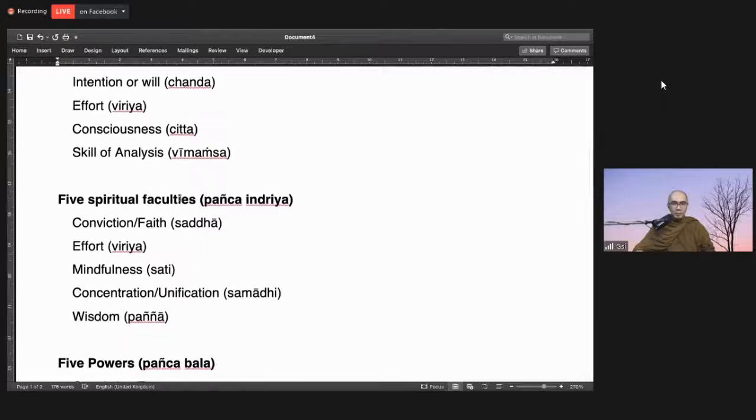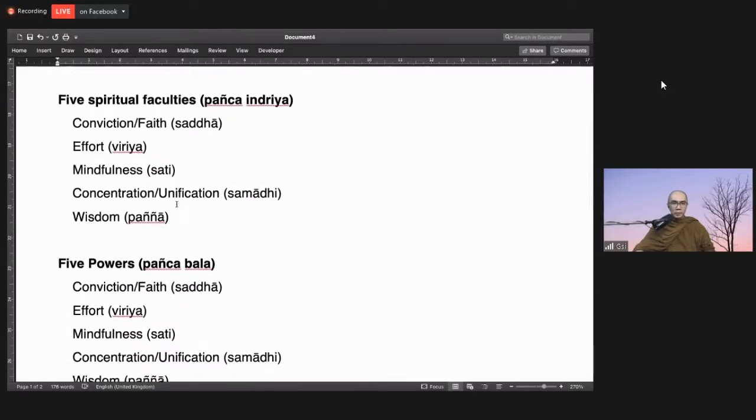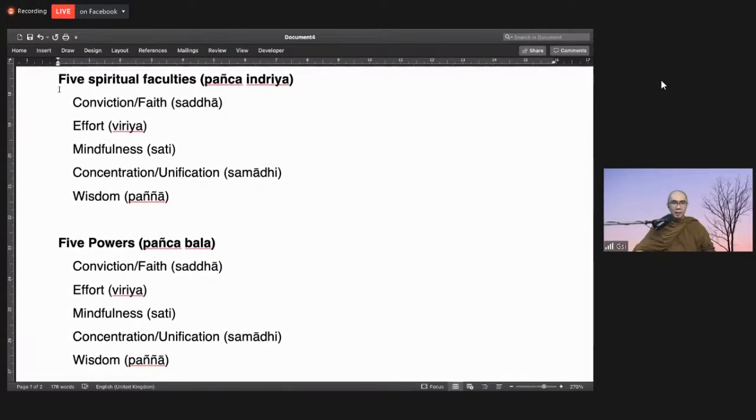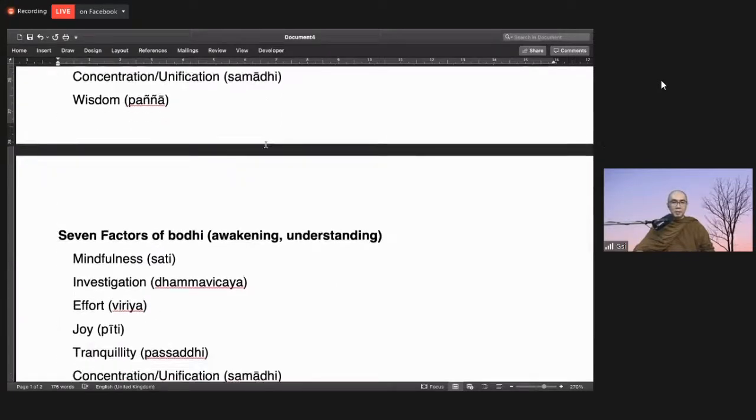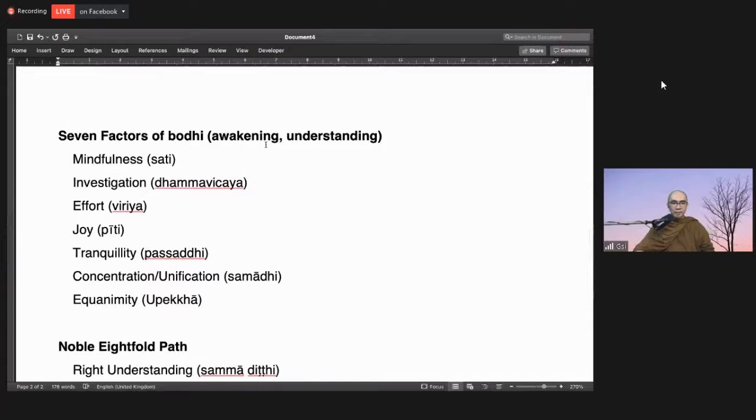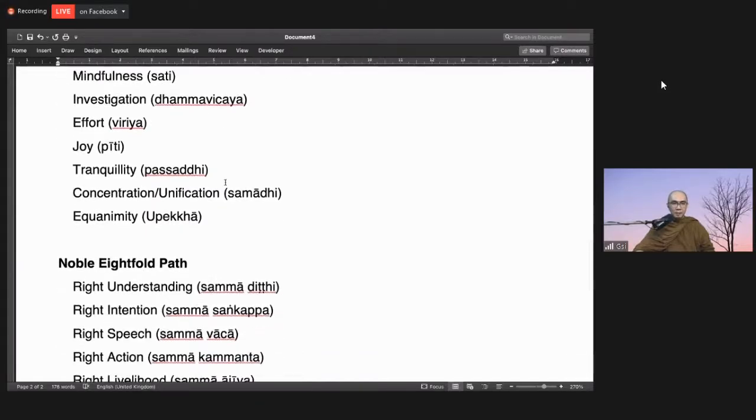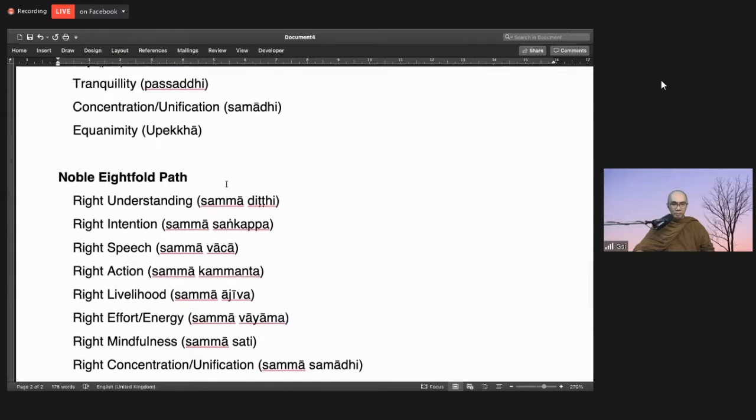This is what we are talking about. The 5 spiritual faculties and 5 powers are the same, but they have different functions. Then we have 7 factors of enlightenment, and the Noble Eightfold Path.